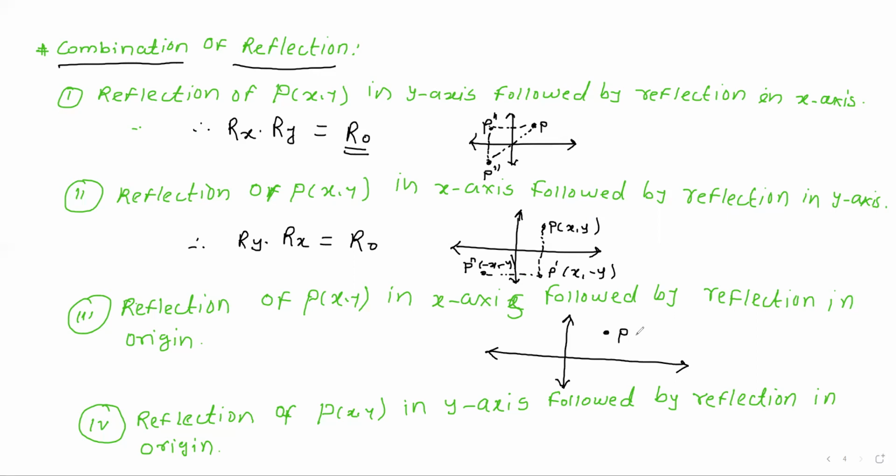It is reflected along x axis, so it will come here, and from there it is reflected in the origin. The coordinates will be x, minus y, and then minus x, y.